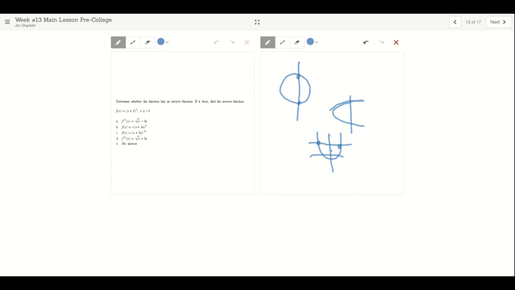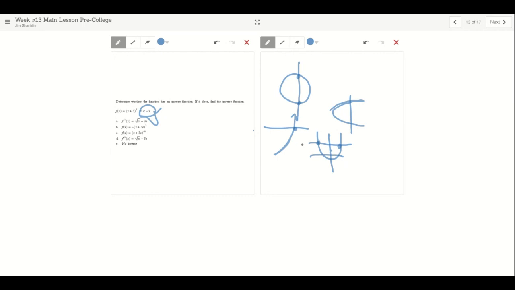Oh no, I am lying to you on this one. I did not see the domain. The domain is just when x is greater than or equal to 3. That changes it. Then we're only looking at this part of the graph, so if you did a horizontal line test, it would only touch it in one place.